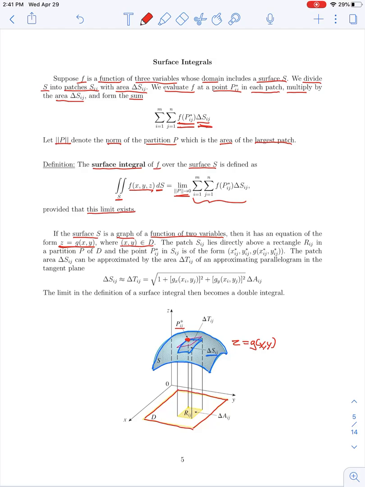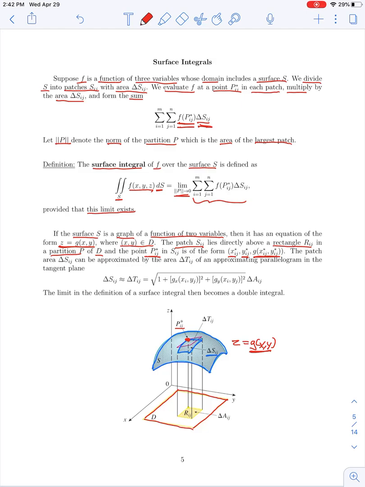We can think about the patch S sub ij as lying directly above some rectangle R sub ij in a partition of our domain D, and the point P sub ij star that we were using as our representative point on the surface would be of the form x sub ij star, y sub ij star, and our z value would be defined by the function g of those x, y values.